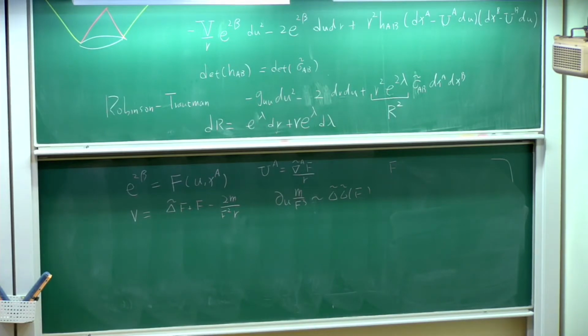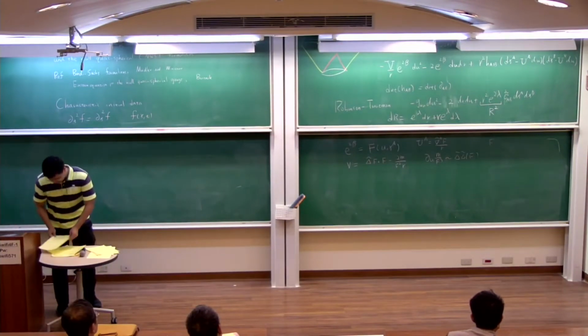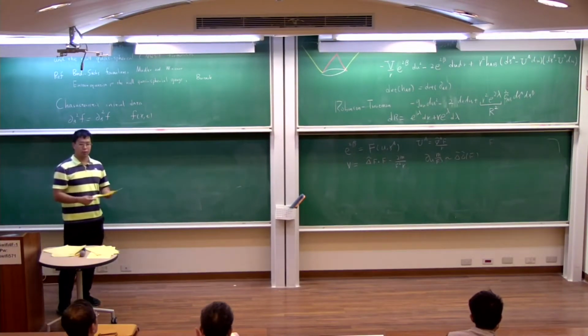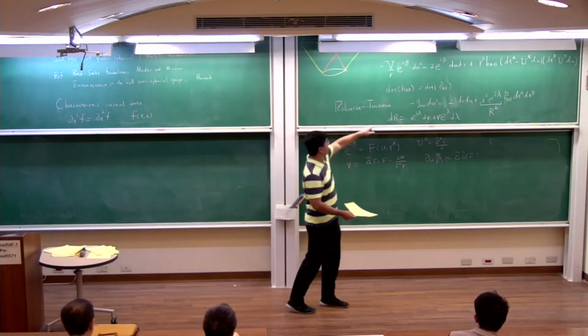Okay, and the boundary Sachs formalism, as we recall from this morning, has 3 sets of equations. And there's this C theta, which is HAB.